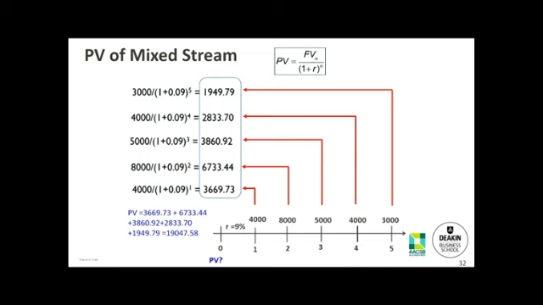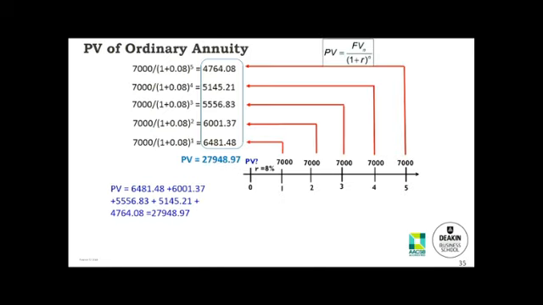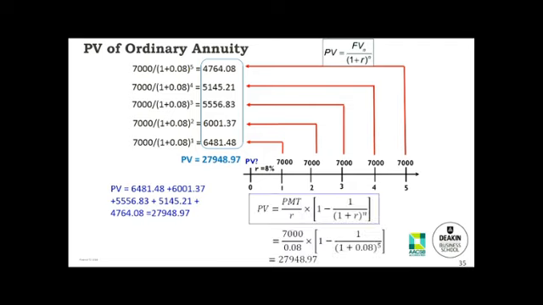Now look at this example here, and let's do it step by step. In this example, first of all, how many cash flows? Look at the cash flow line. How many cash flows? 5, right? How much are they? 7,000, right? Are they equal amount of payments?